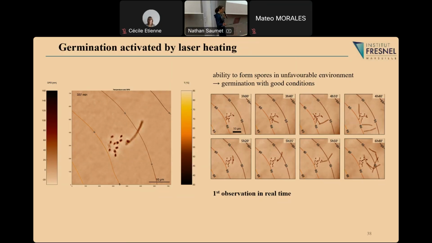So it was the first observation of the germination process in real time. It's a great tool for biologists if they want to study this process.